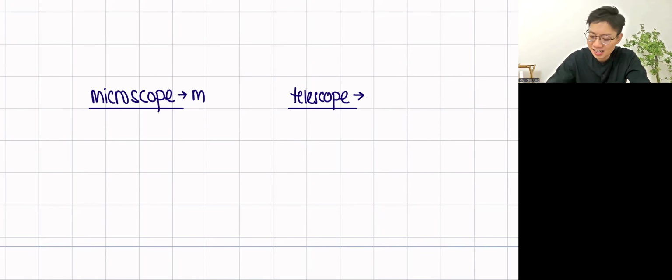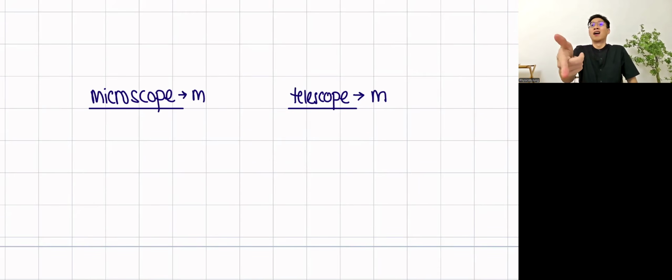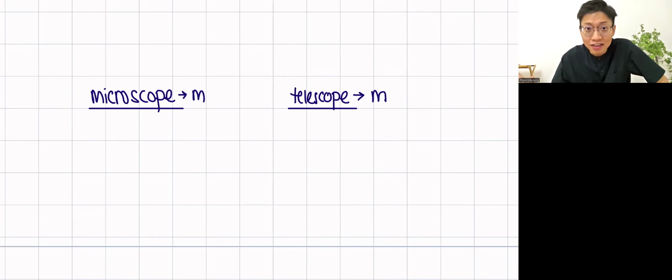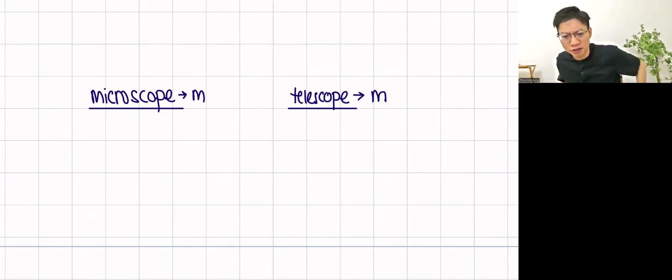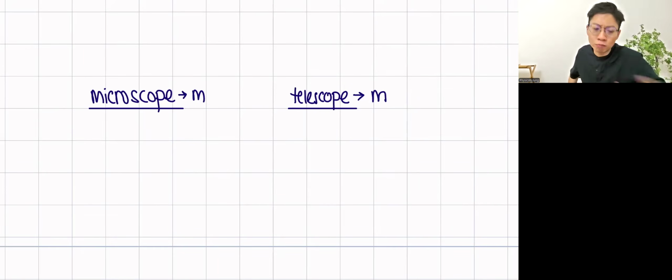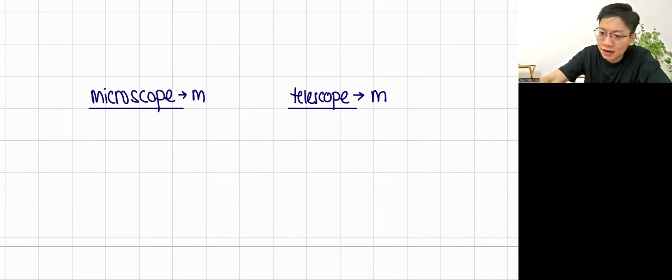The answer is magnified image. Come on, guys. If you can't even tell the characteristic of the image, of course you cannot draw. Let me tell you why it's a magnified image. You use a telescope to see the moon, the stars and planets.